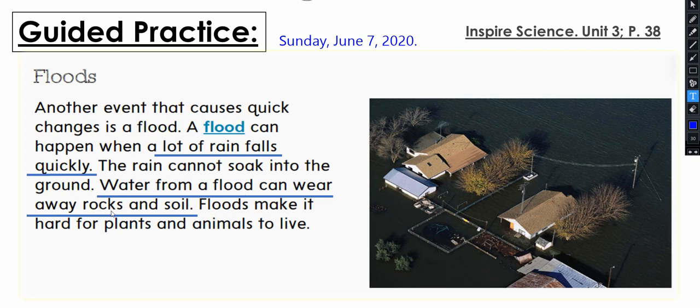That means it carries rocks with it, or soil, or other objects. Floods make it hard for plants and animals to live, even for us. So plants cannot survive in a flood, as well as animals or humans like us. There will also be a lot of destruction if a flood happens.